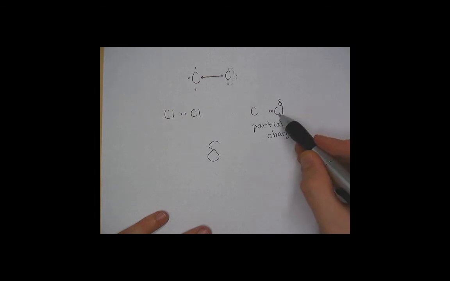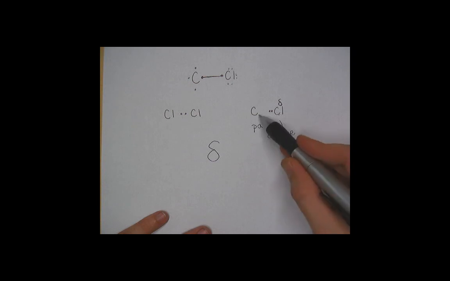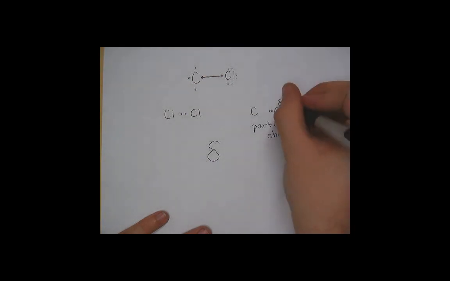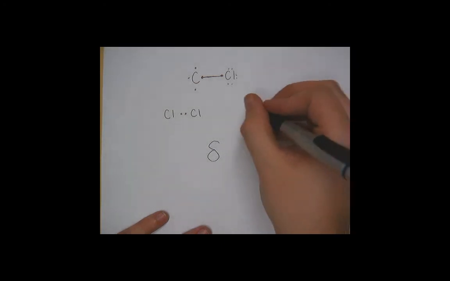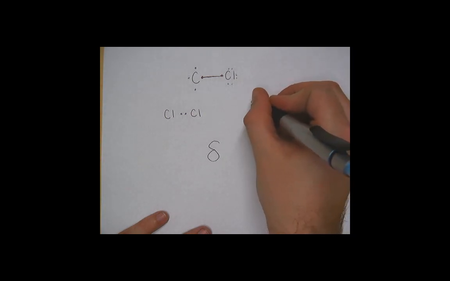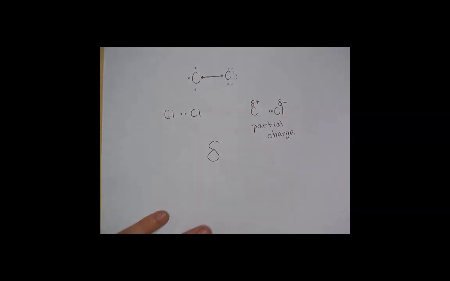So since chlorine's more electronegative and therefore holds the electrons a little more tightly than carbon does, we say chlorine gets a partial negative charge, which is just to say that it's not a zero charge, or chlorine is not neutral, but it's also not quite a -1 charge either. And if chlorine gets a partial negative, then we can say that carbon gets a partial positive.